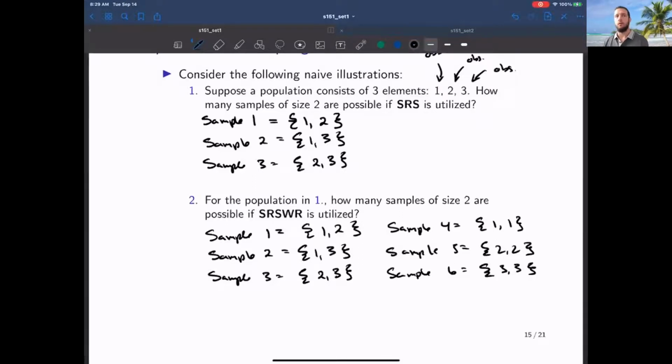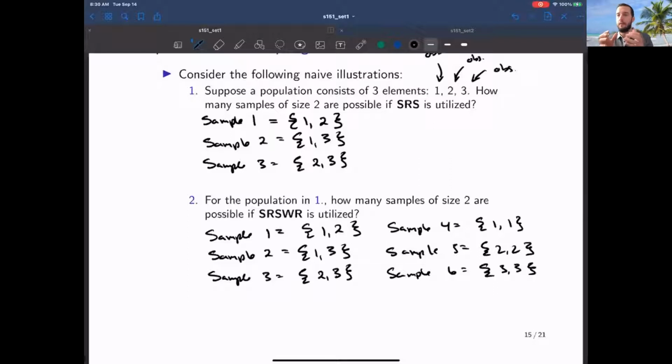Okay, so this is meant to be an illustration of the difference between those 2 sampling techniques: simple random sampling and simple random sampling with replacement. These are 2 different ways that we can collect a random sample from some population that's of interest to us.